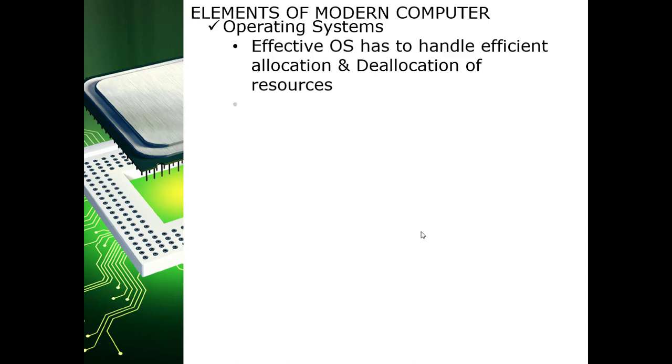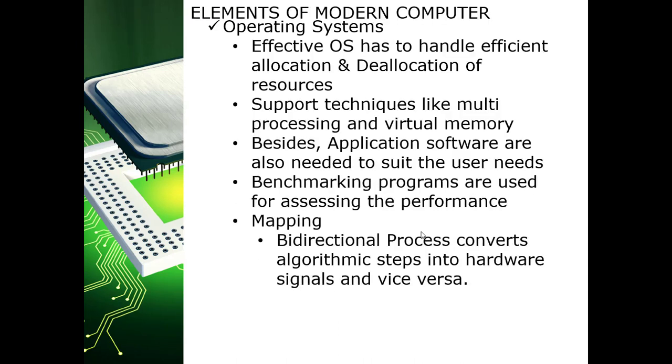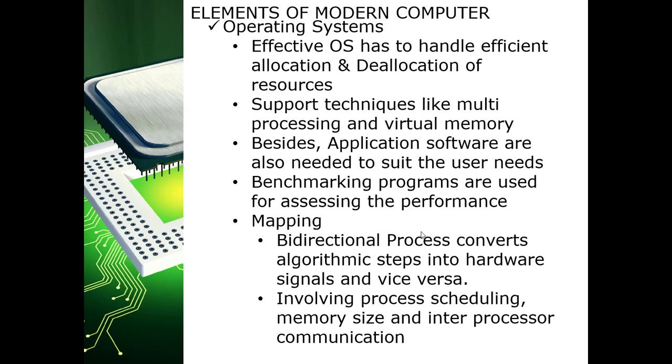So it's an important 2-mark question: a bidirectional process that converts algorithmic steps into hardware signals and vice versa. The mapping process also has to involve process scheduling, memory optimization, sizing of memory, and inter-process communication.